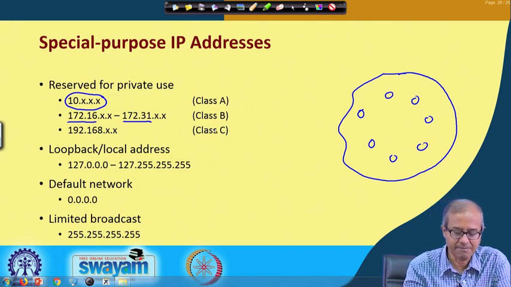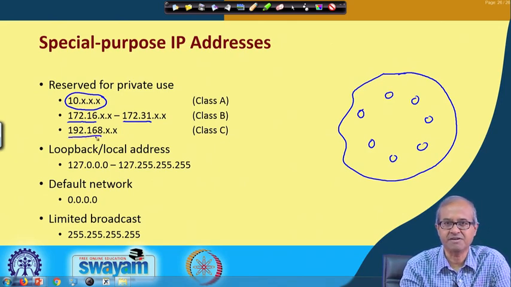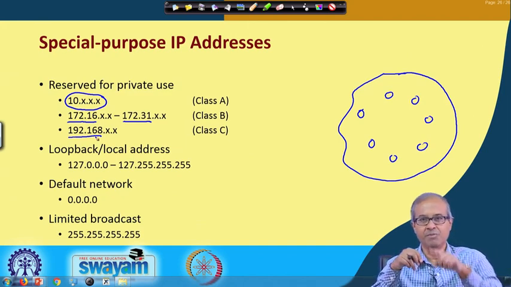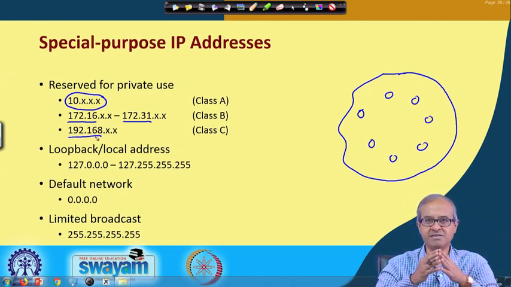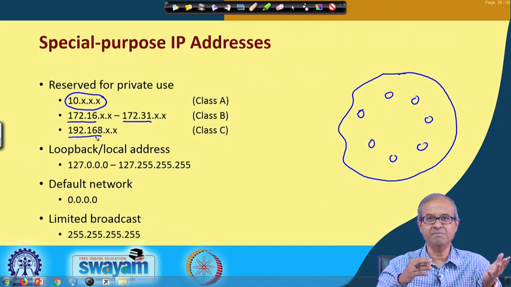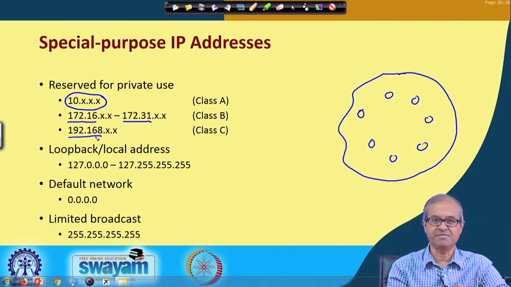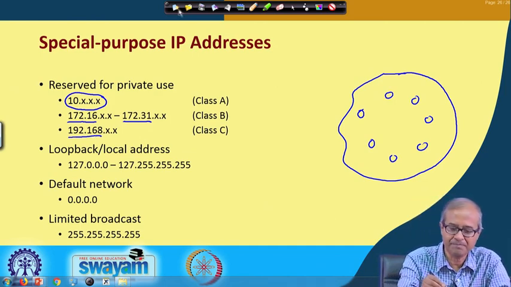Similarly, for class C, 192.168 is a private class C network. There are many cases where you use private addresses inside your organization, but when you are going out of the organization, you use some kind of a network address translator or some kind of an address translation mechanism to get a unique address, or a proxy server, to access the outside world. This is how it works. Okay? All right.